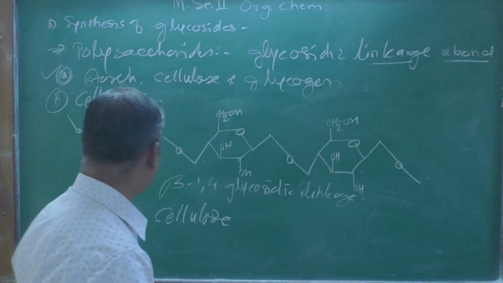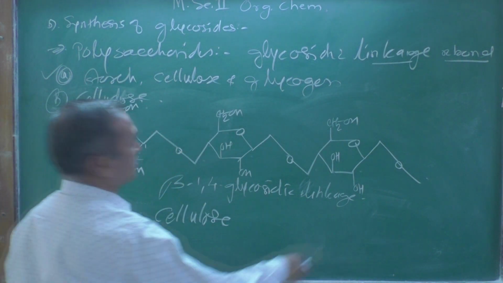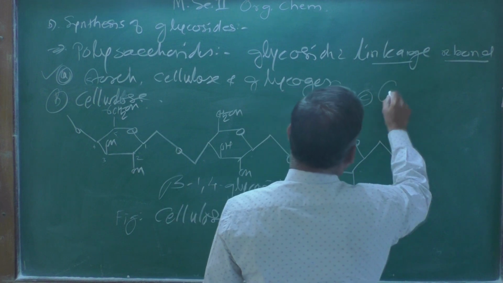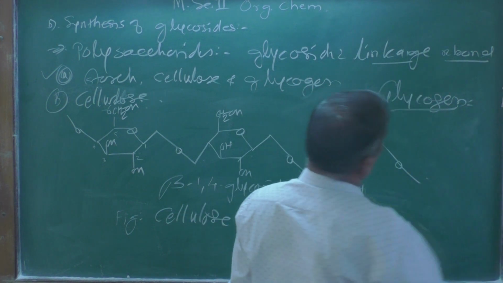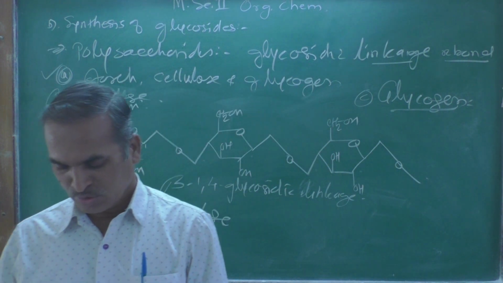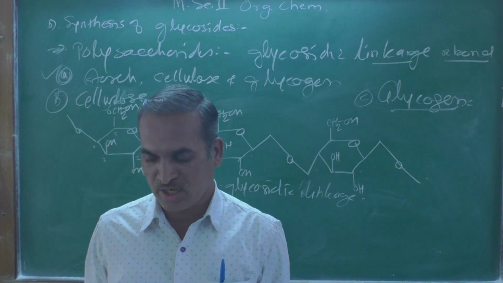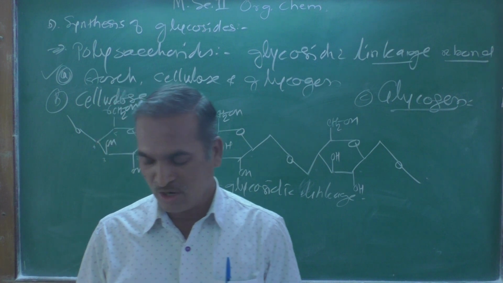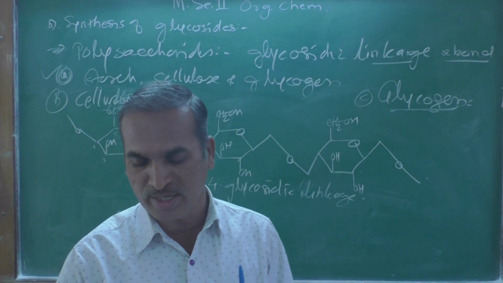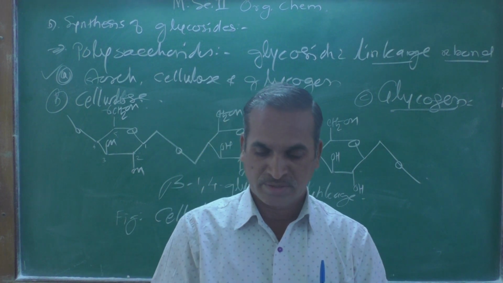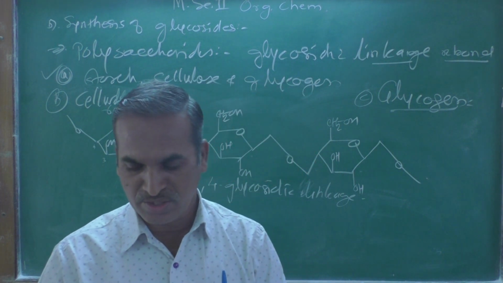Then the last one is C, glycogen. When you talk about glycogen, it has a structure similar to that of amylopectin, but is more highly branched.